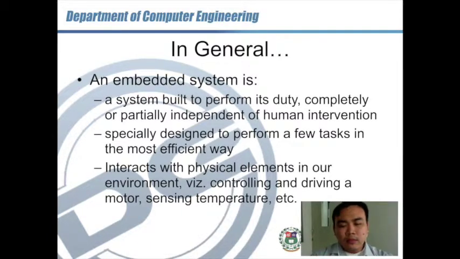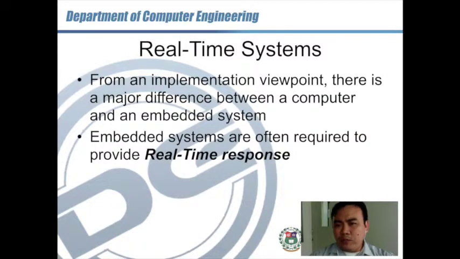Okay. Now, in our definition of embedded system, we came across a term we call real time. Real-time operation is one of the features an embedded system could provide.